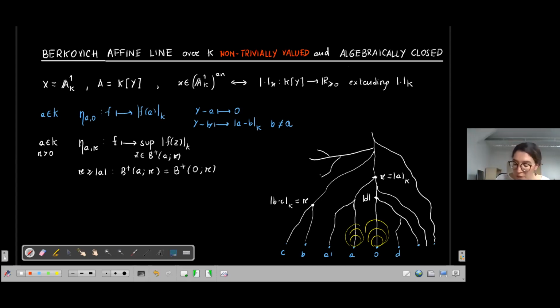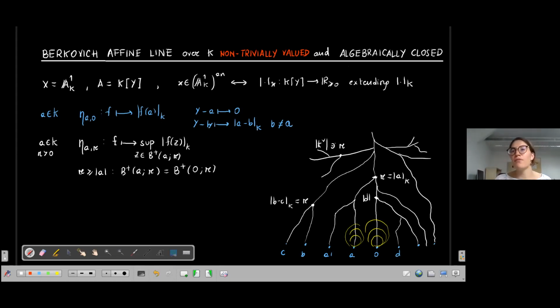Okay, and in particular, let me also remark how many of these branching points we have. A branching point corresponds always to a value R that has to be in the value group of our valuation. The value group could be dense in R, but maybe there are some R that are not attained by the valuation, and then these values will not be branching points.